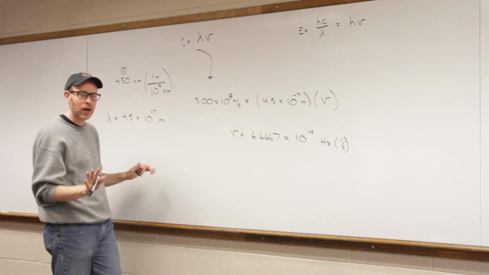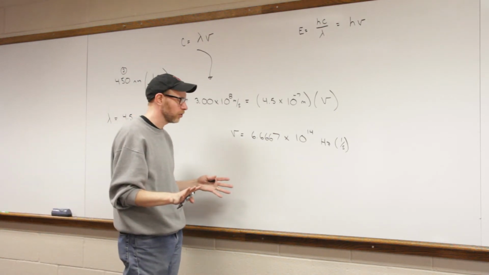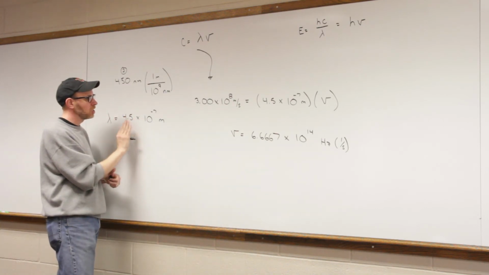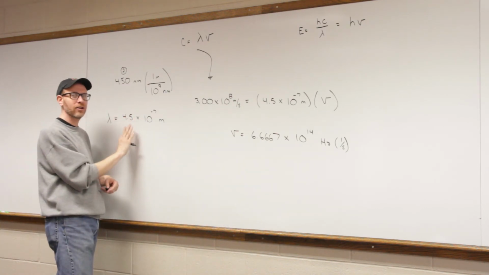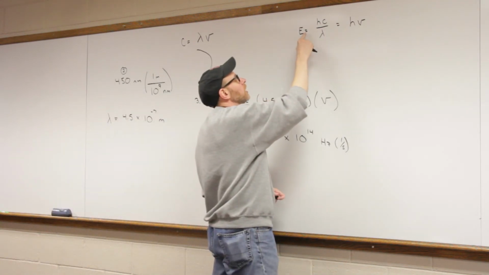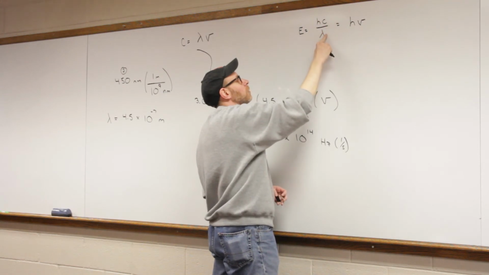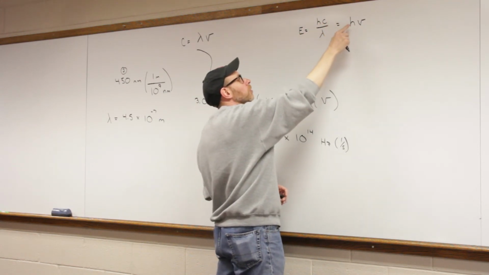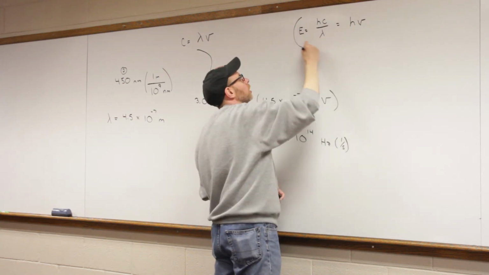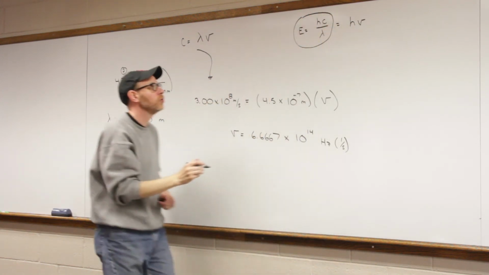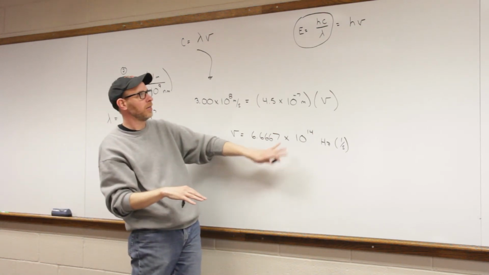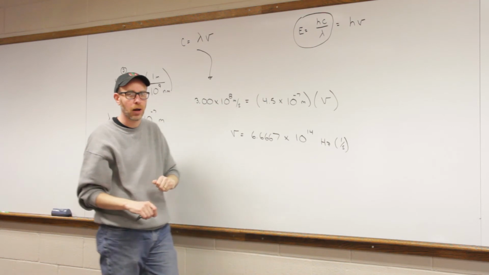I don't have to worry about rounding wrong or getting the correct number of significant figures. I am just going to choose the number that I started with. So I am going to choose the expression energy equals hc over lambda as opposed to energy equals Planck's constant times the frequency. Then if I calculated this incorrectly, it's not going to mess up the rest of the problem for me.